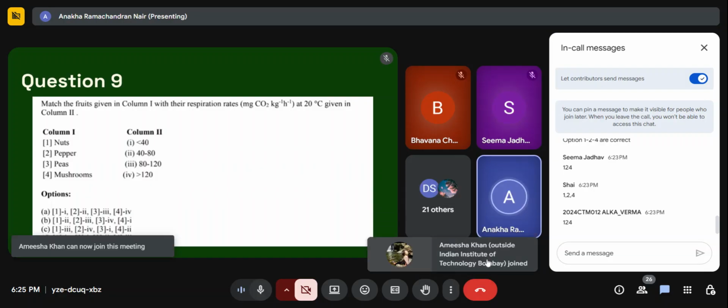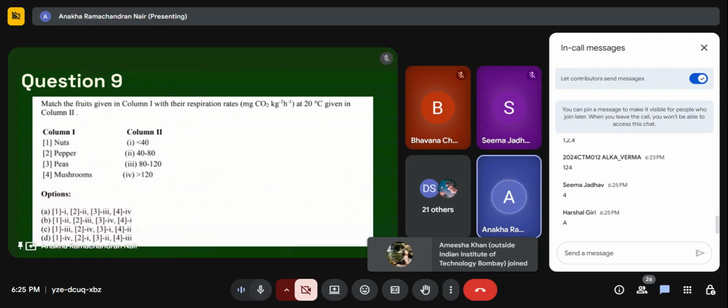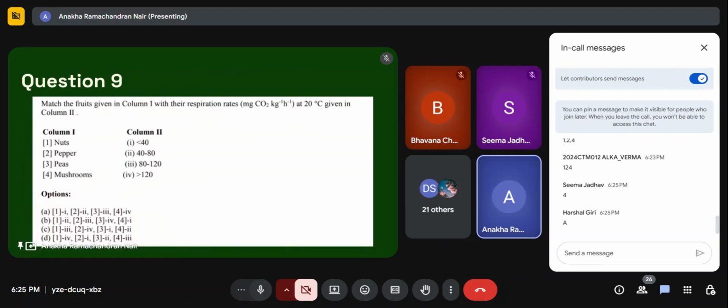A lot of people are still joining. So you have to match which product matches which respiratory rate. Okay, this is something that you will know from your own experience of perishability, right? So there are people answering.